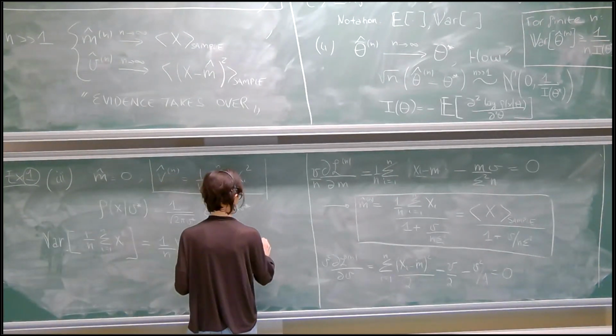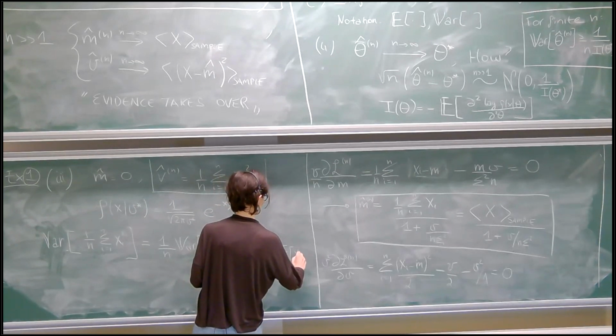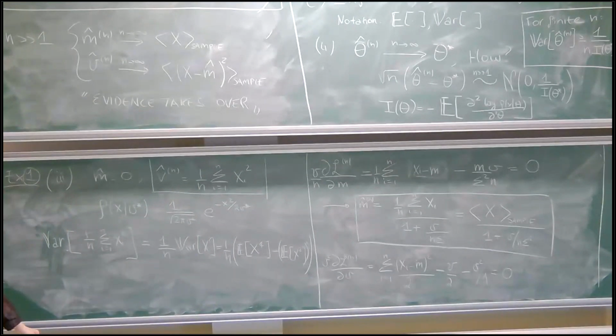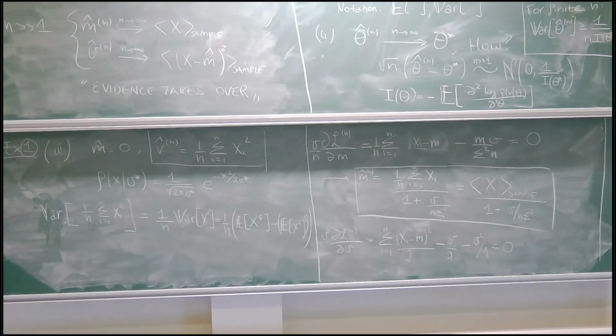So this will be the expectation of x to the 4 minus the expectation of x squared to the power 2. I'm just using the definition of the variance here. And now I want to compute this expectation with respect to the Gaussian distribution.